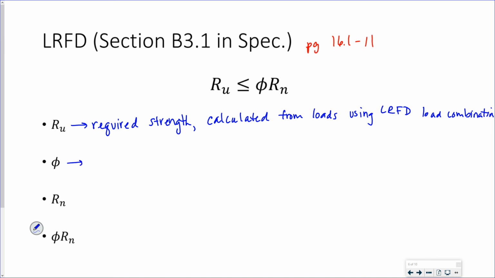Then we have a phi factor. Phi is how that's pronounced. And this is your resistance factor. And you apply that to Rn, which is your nominal strength.